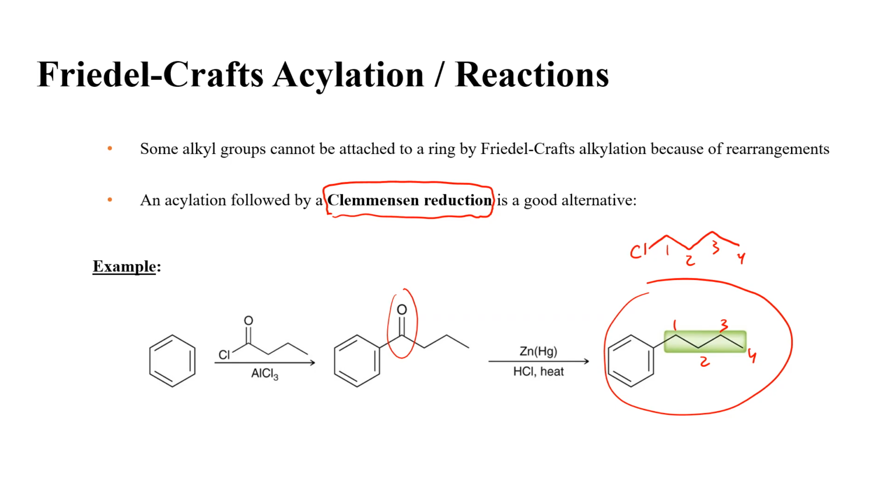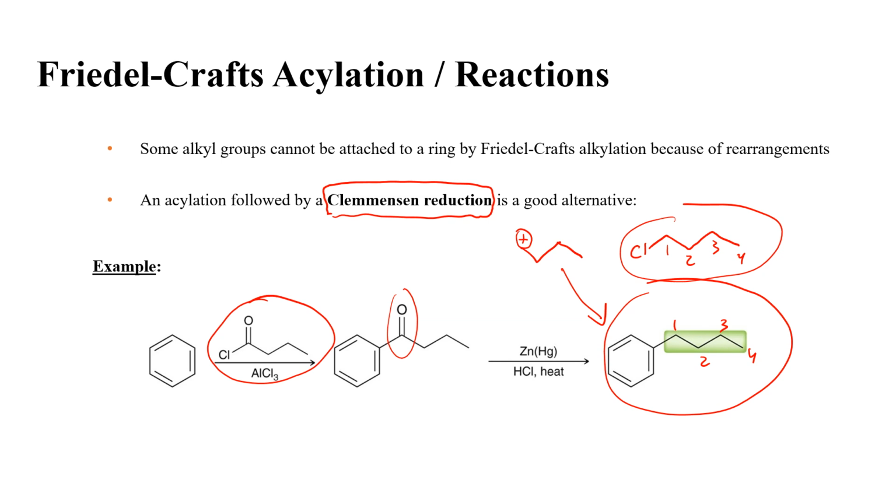You guys know that if I just use this and not this, I'm going to generate a primary carbocation as my active electrophile. And didn't we just say that primary carbocations are susceptible to rearrangement? Which means you're going to get a mixture of products. You're not going to get just this.